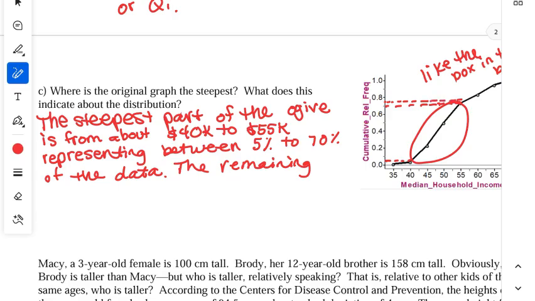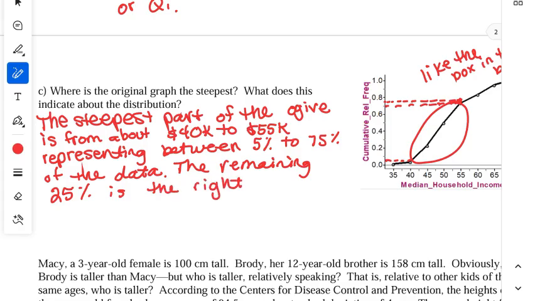The remaining, what if I kind of went down? So maybe 75 actually. Okay, so between 5 and 75, so that's about 70% of the data. So the remaining 30%, or 25, because I'm just going to talk about the right tail.